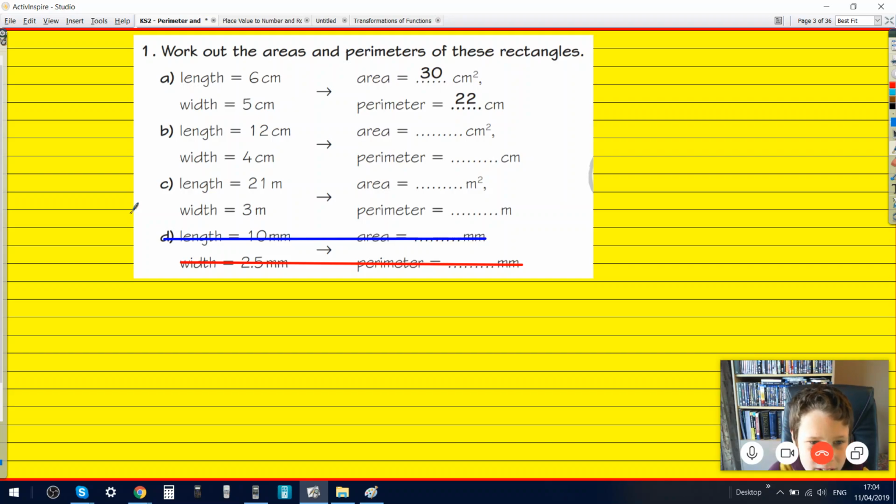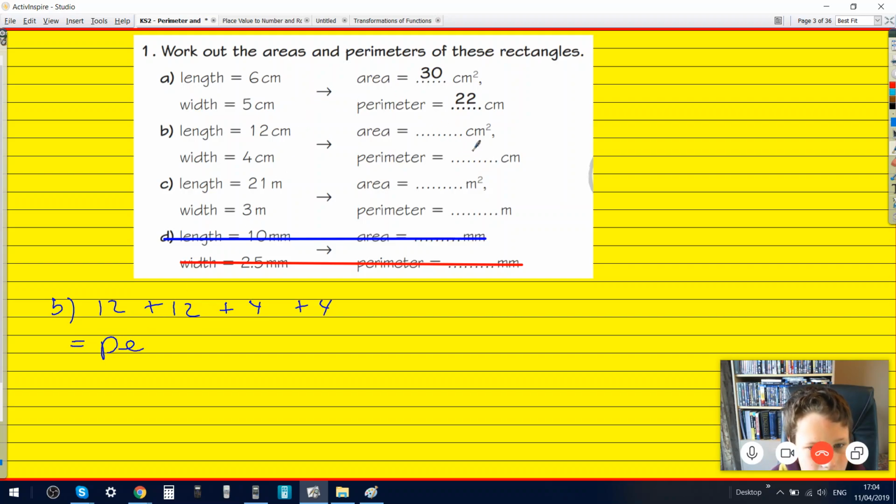For the perimeter we would need to do 12 plus 12 plus 4 plus 4. And 12 plus 12 is 24, and 4 plus 4 is 8. And so 24 plus 8 is 32. Is equal to the perimeter, and that is 32.